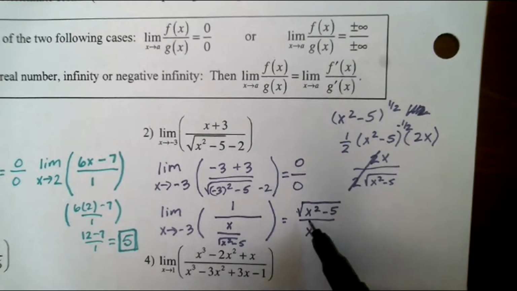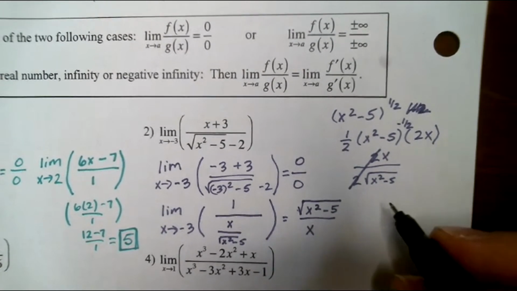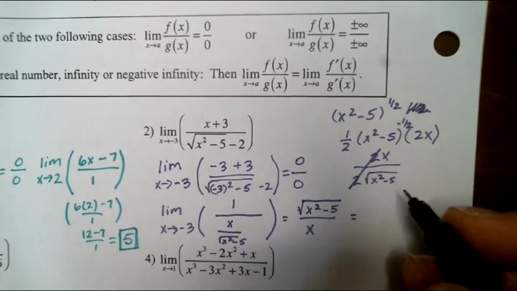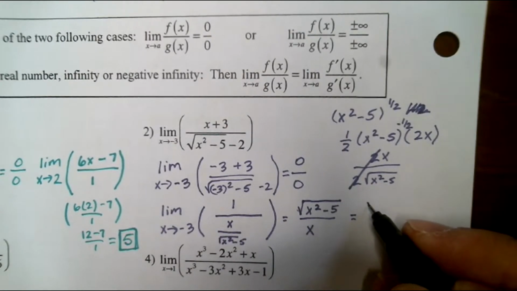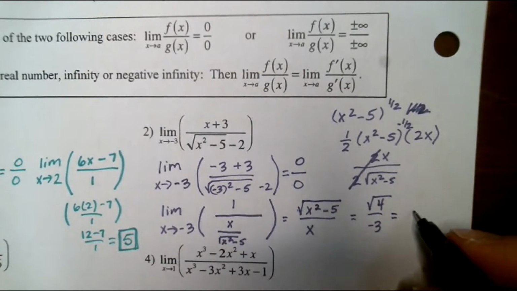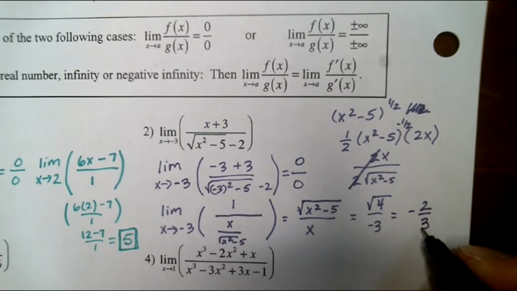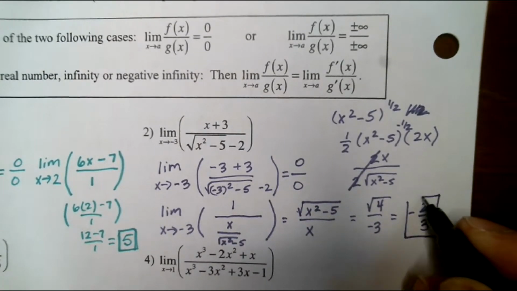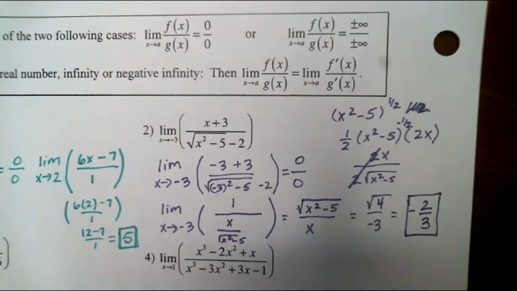Now plug that negative 3 in, and we get radical 4 over negative 3, which is equal to negative 2/3. Thumbs up. We good on that?